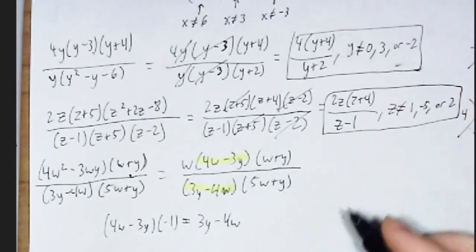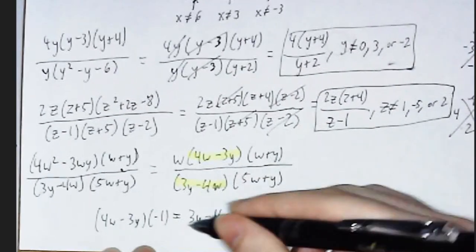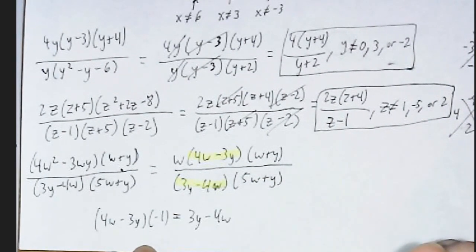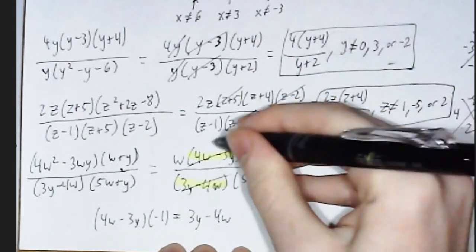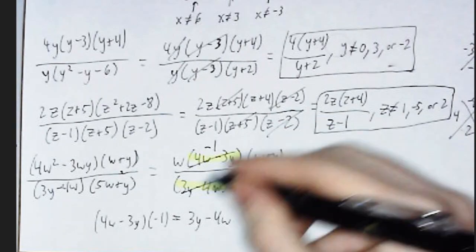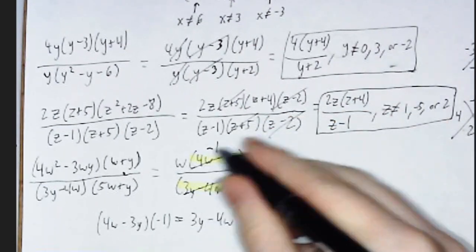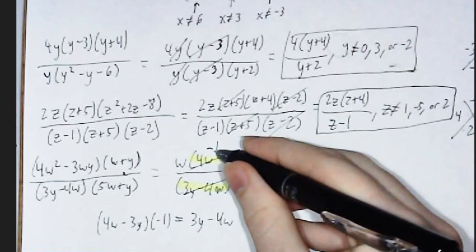Therefore, if we were to take 4w minus 3y and divide it by 3y minus 4w, we would get -1. So we can cancel both of these out and reduce it to -1. It's not the same thing as canceling these out outright, because they're opposites. They're not the same thing, they're just opposites. So when we divide them, we can get -1.